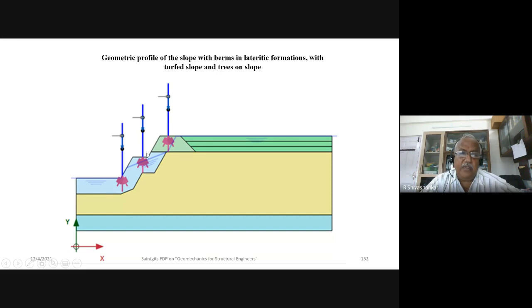But the weight of the tree, the superstructure of the tree, will add to instability. It's a weight. If the weight is at the top or in the middle of the slope, it leads to instability. But the same thing at the toe of the embankment will add to stability. This root also acts like a mechanical stabilization, and this weight also acts in resisting the failure. That's the one part of it.